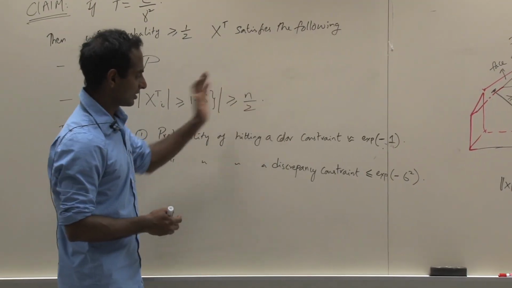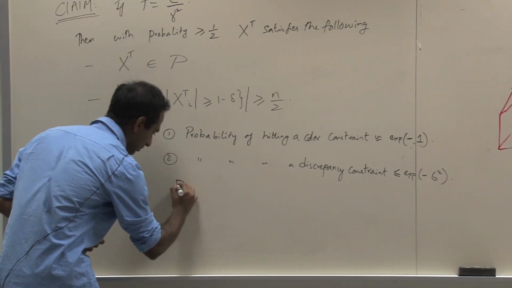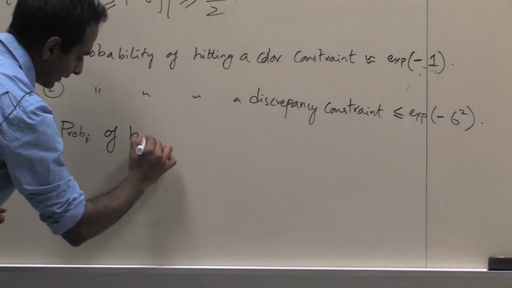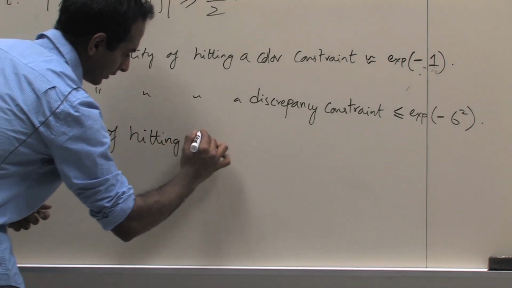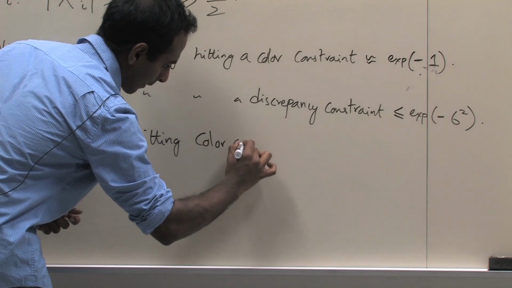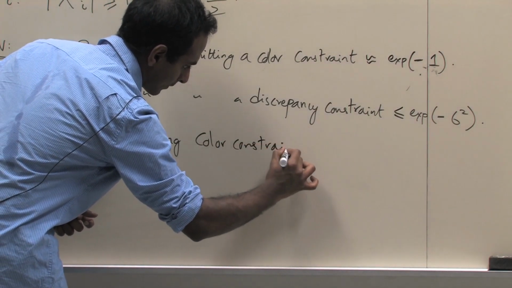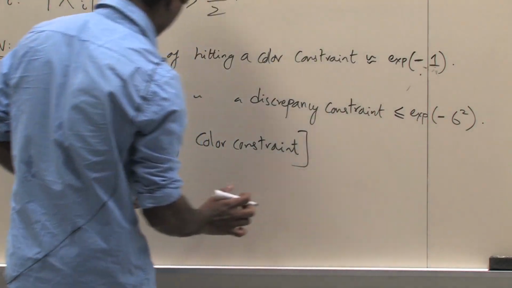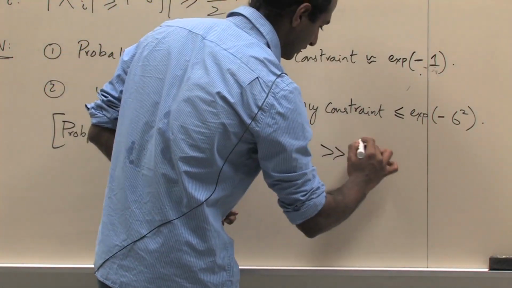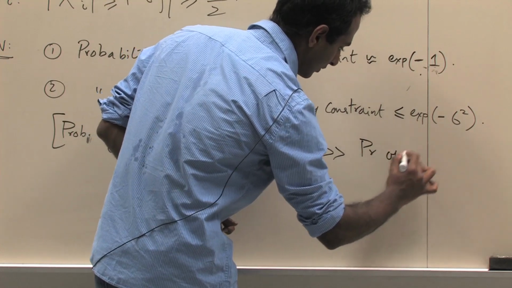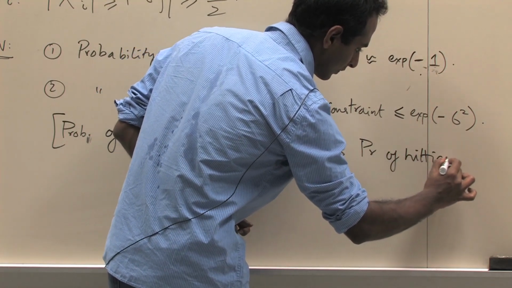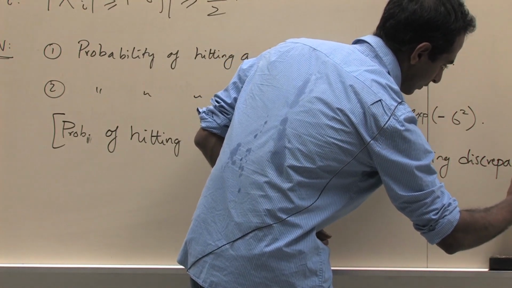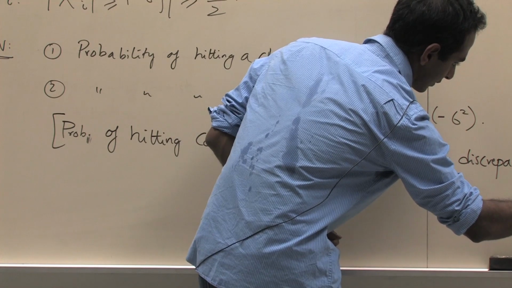So what's the conclusion of these two things? Well, one conclusion is that the probability of hitting color constraints is much bigger than the probability of hitting discrepancy constraints.